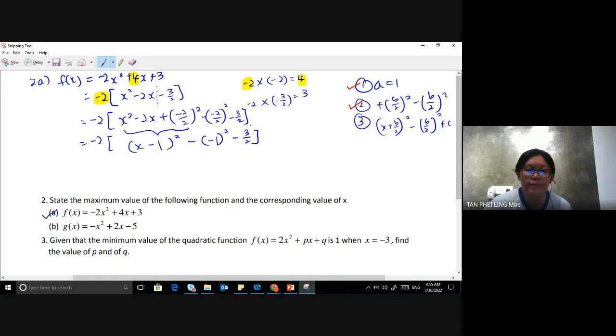So now let's expand. So x minus 1 squared. This one, -1. Please don't get caught because you have a negative and a negative here. You need to settle the one with the square first. So in the end, you have (-1) squared become 1 only. And then you have -3/2.